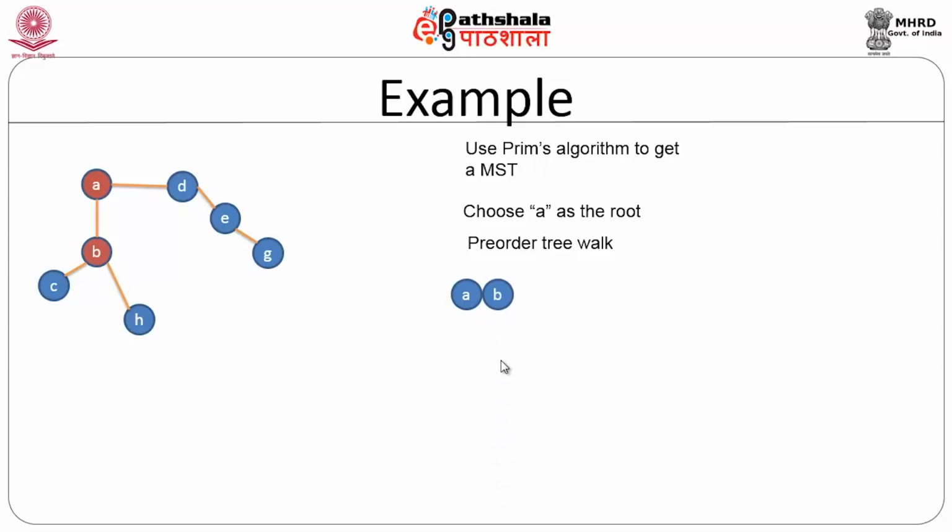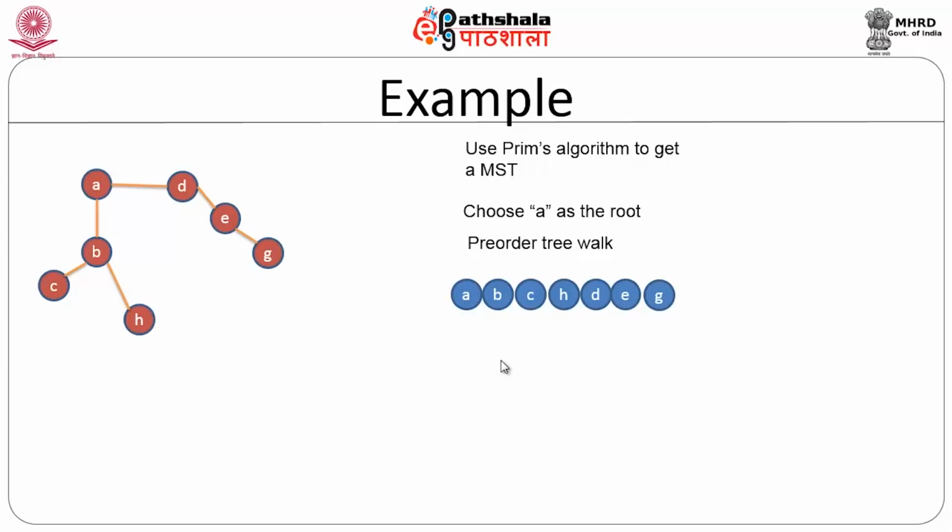So, it is A, B, then C, then there is no path. That means I will backtrack to B and then I will visit H. You can see that now I am in a dead end. So, I will backtrack to B and then A, and then I will visit D, and then E, and then G. This is the path I am getting out of this.